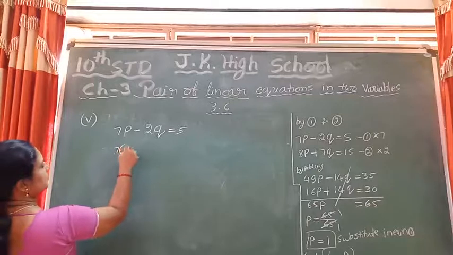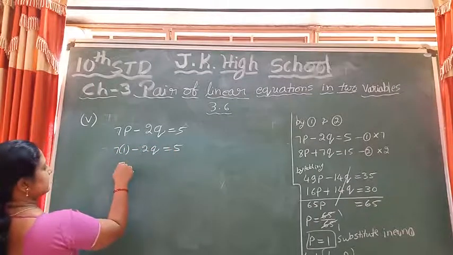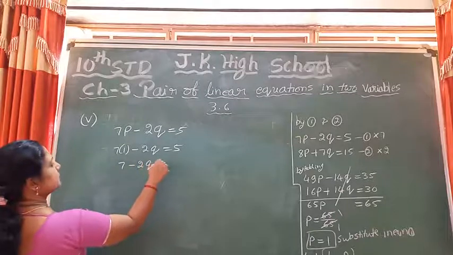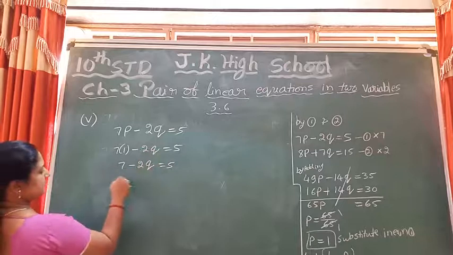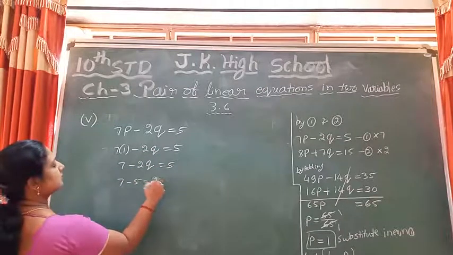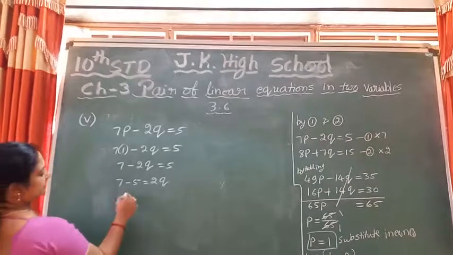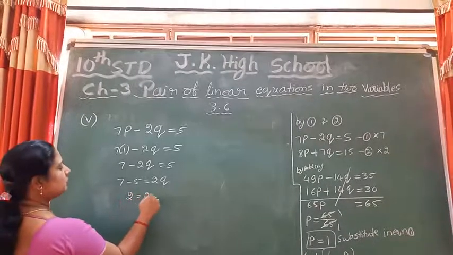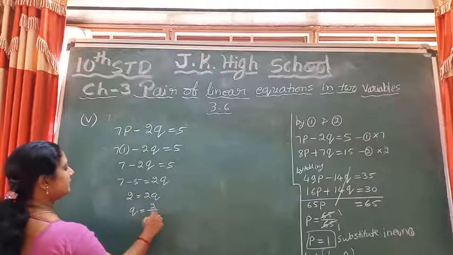Then 7 ones are 7, minus 2q is equal to 5. So you take this 2q to that side, it becomes 7 minus 5 is equal to 2q. 7 minus 5 is how much? If you subtract 5 from 7, you get 2. So 2 is 2q, q is equal to 2 divided by 2. So the q value has also become 1.